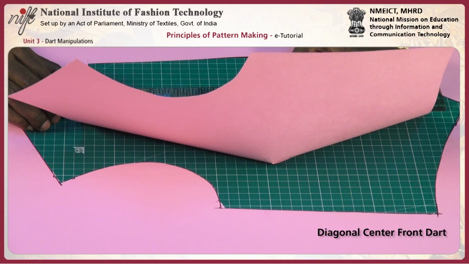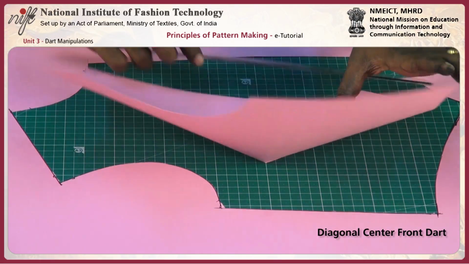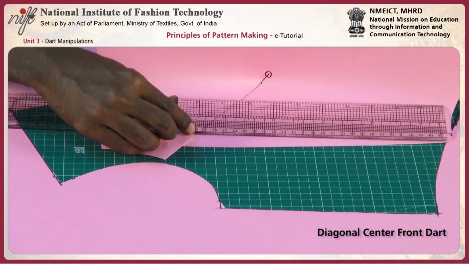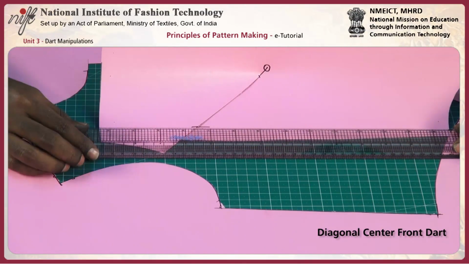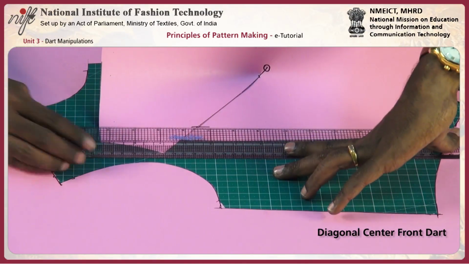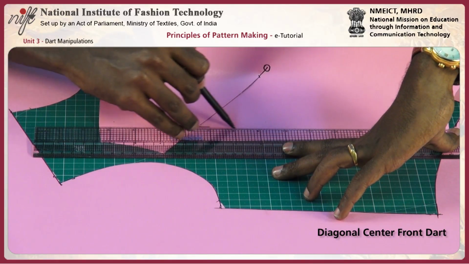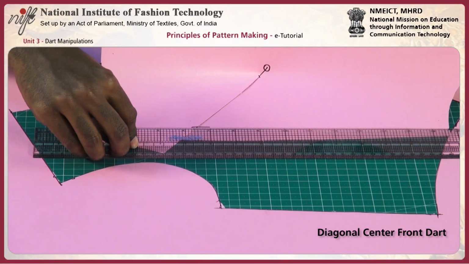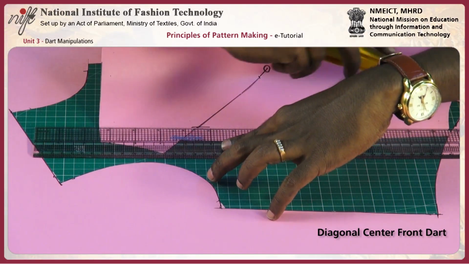Then draw a straight line. Draw a straight line from center front neck to center front waist. Then cut the pattern.